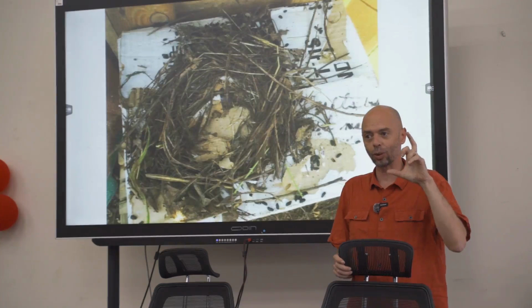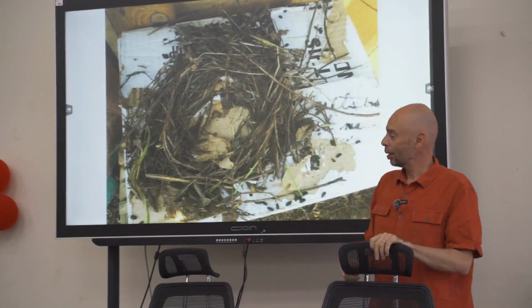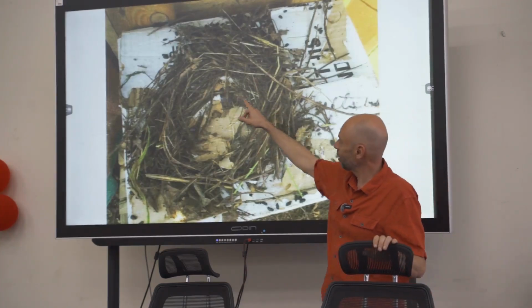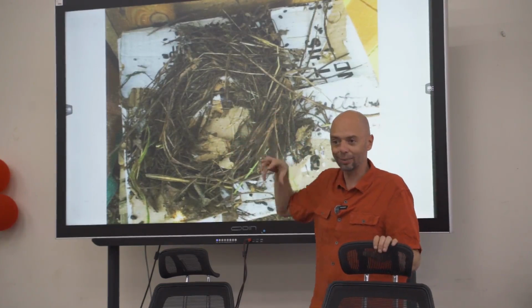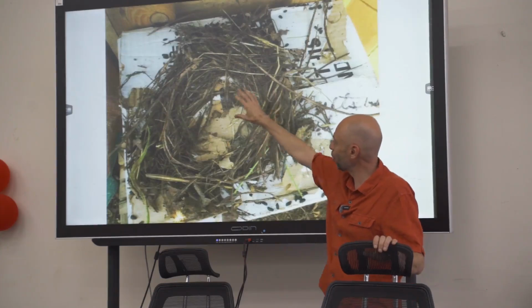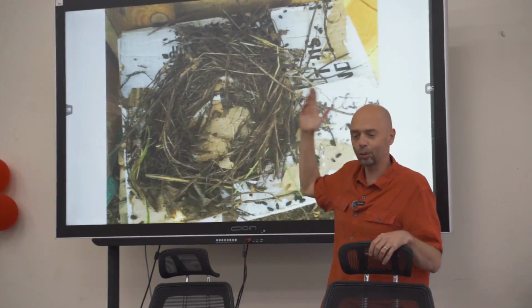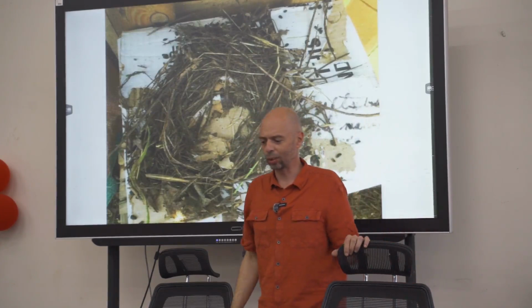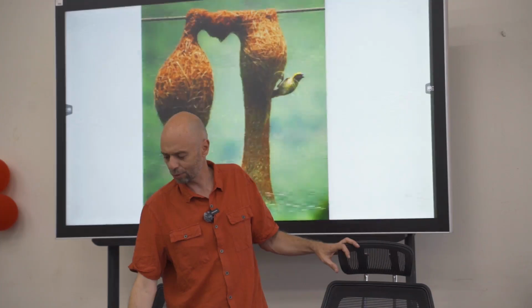Our ancestors were big like a rat. This is the nest of a rat nowadays. So we can infer, we can suppose that in those times, around 50 million years ago, we were probably producing some aerial nests not different from this one.